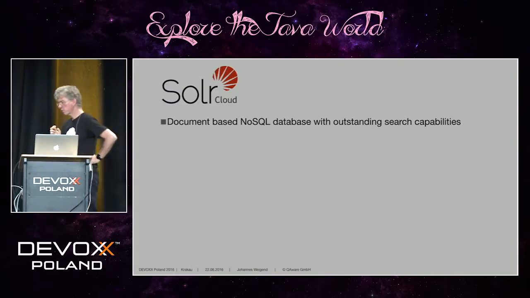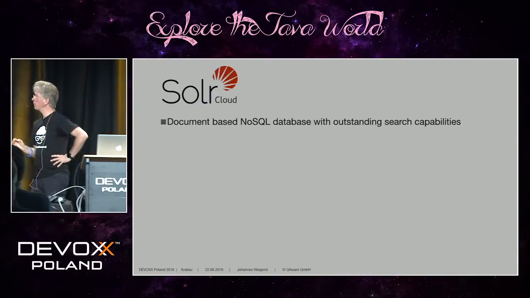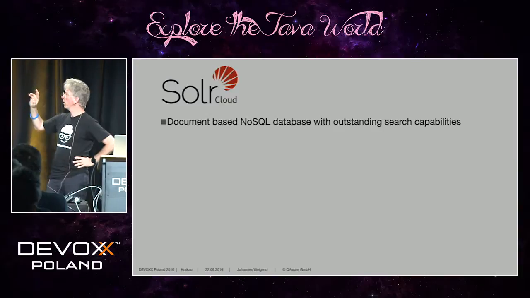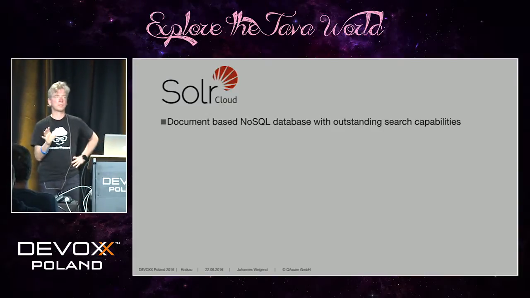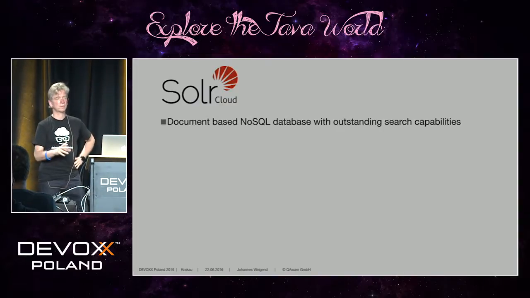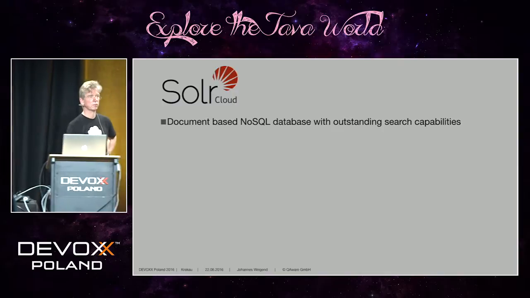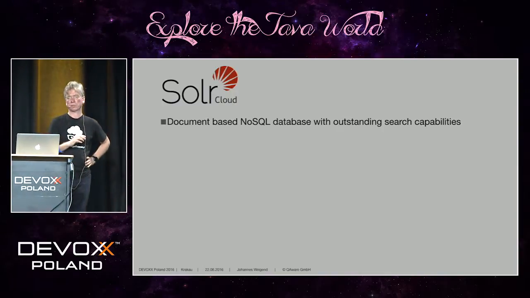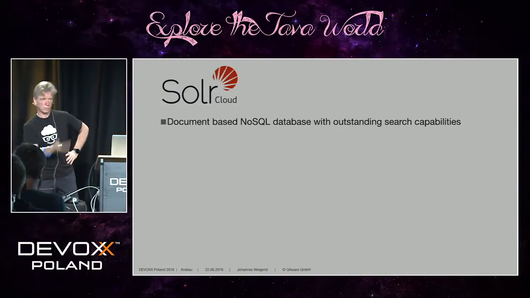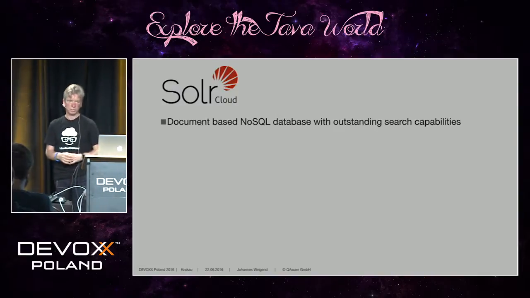And the interesting thing is, there are only few people on the web who describe Solr this way. That's not quite common. I would say it's a document-oriented NoSQL database with focus on search. And that is the business case of the company behind Solr.